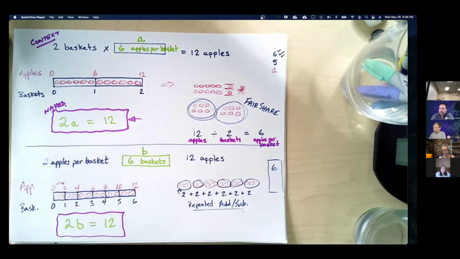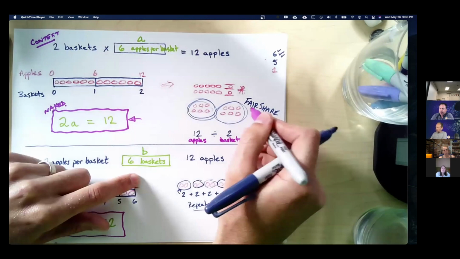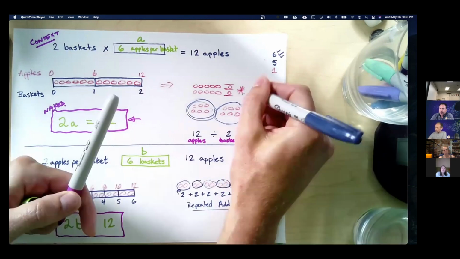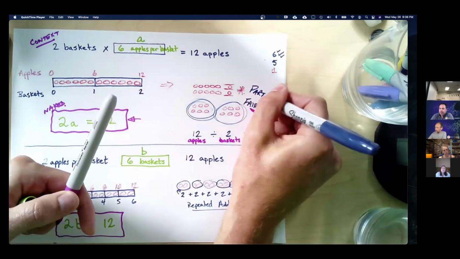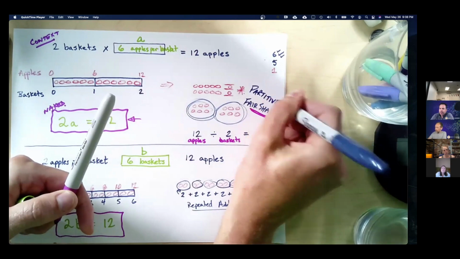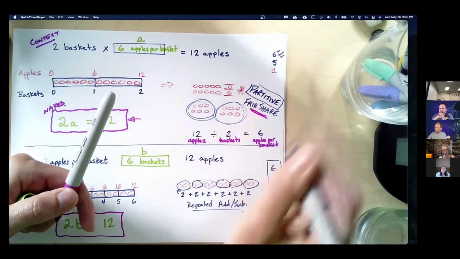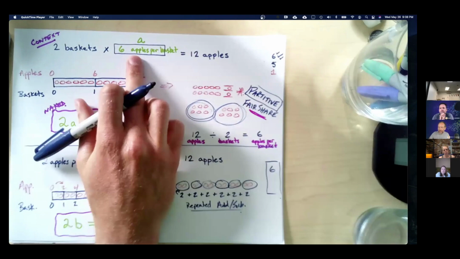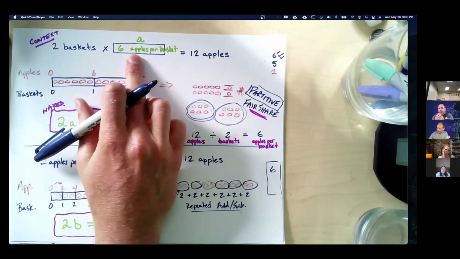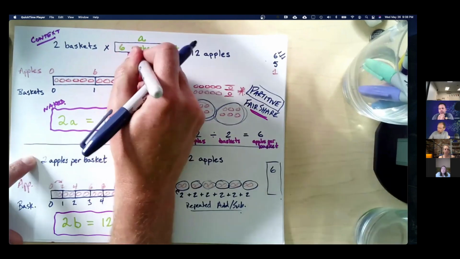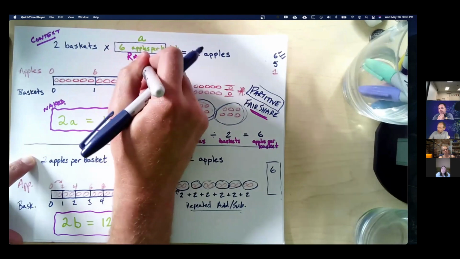The first type is a fair share strategy, which they call partitive. That's partitive division. When that context is revealing a rate, here the rate was unknown.